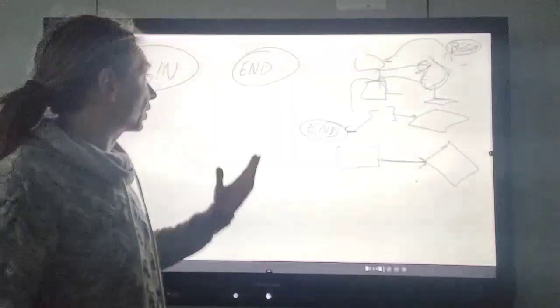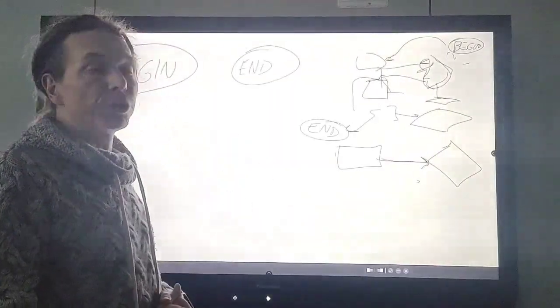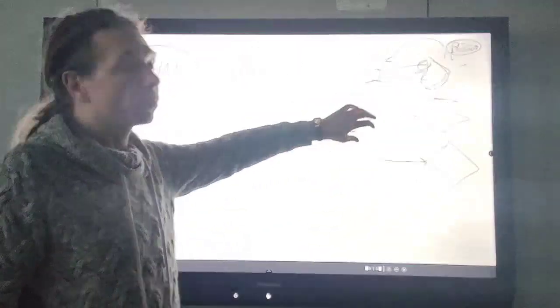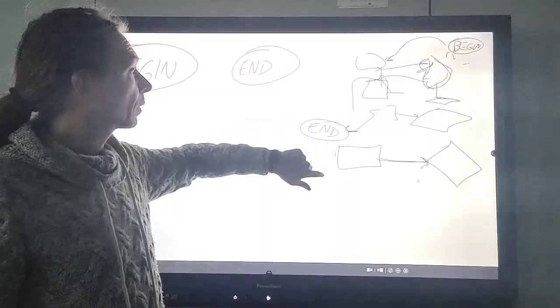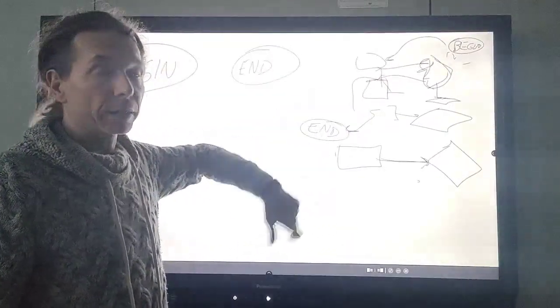The circle shape, elliptical shape, is used just to tell which is the begin and when we have finished, because we reached the end. The chart stops when I reach the end.